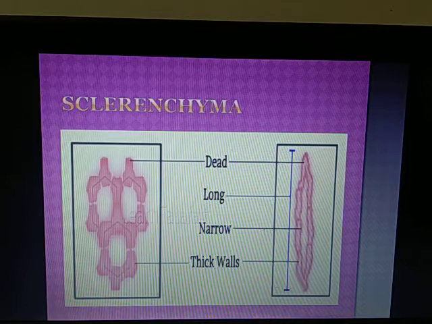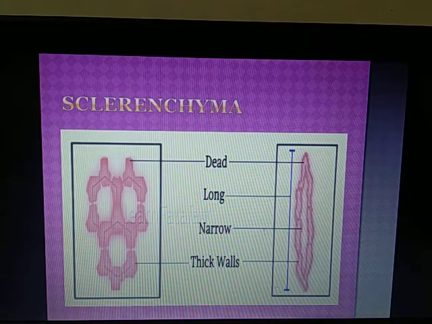The cell wall is thickened due to lignin, a chemical substance, and it gets hardened. It has pointed ends. The walls are so thick that the cell cavity or lumen is lost or absent. These walls have pits.